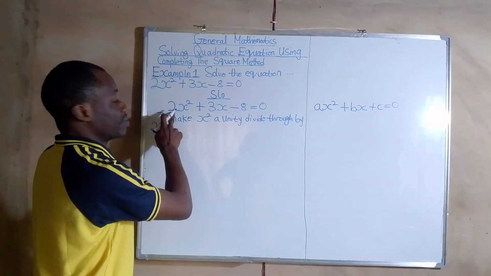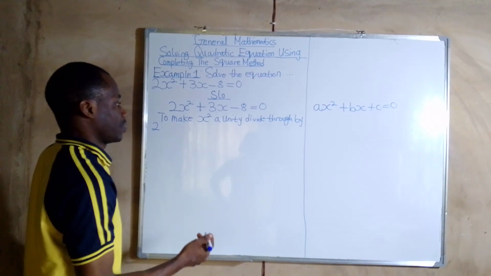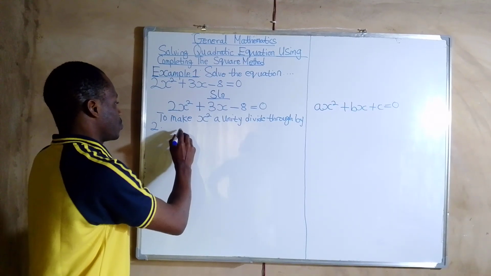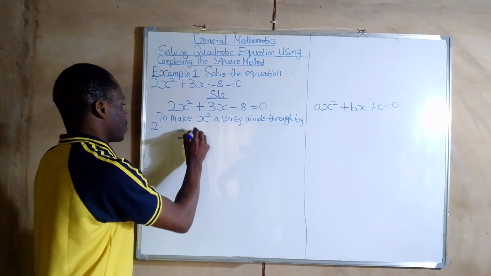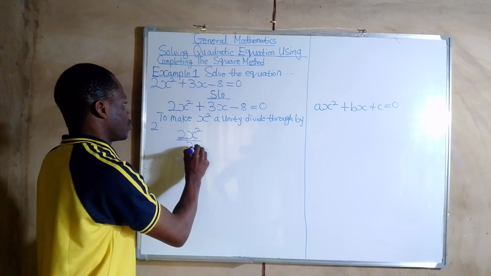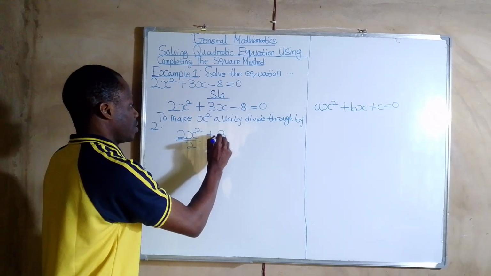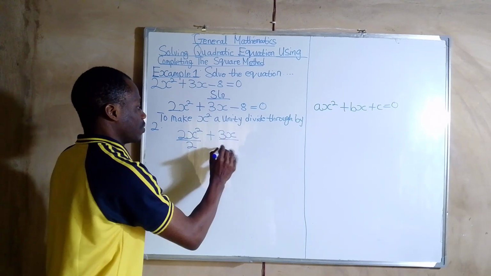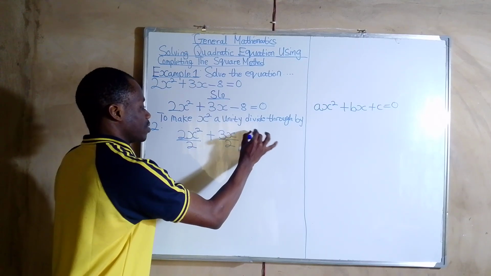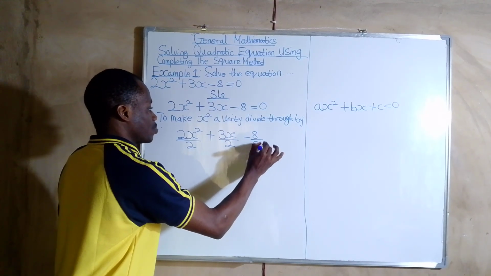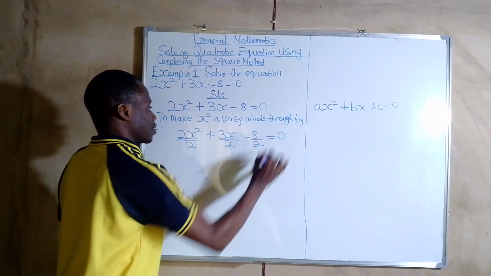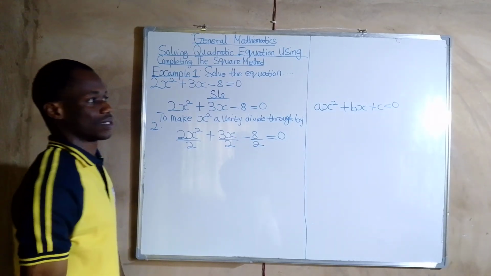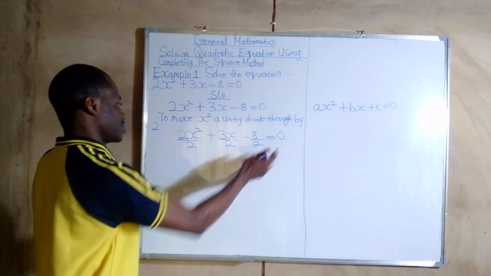So if we have 3 here, we'll divide all through by 3. But here we have 2. So we'll say 2x squared all over 2 plus 3x all over 2 minus 8 all over 2 equals 0. 0 divided by 2 is 0, so there's no need of writing that here.